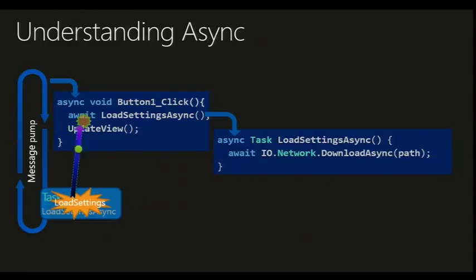So the message loop, the message pump goes around, it comes to this completed task, and it jumps via this hyperspace straight back to the await that it left off of, or just after the await. Once again, it can finish the code it was doing and return back to the message pump.